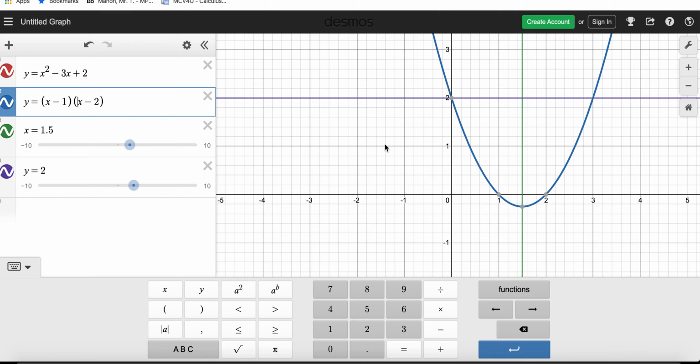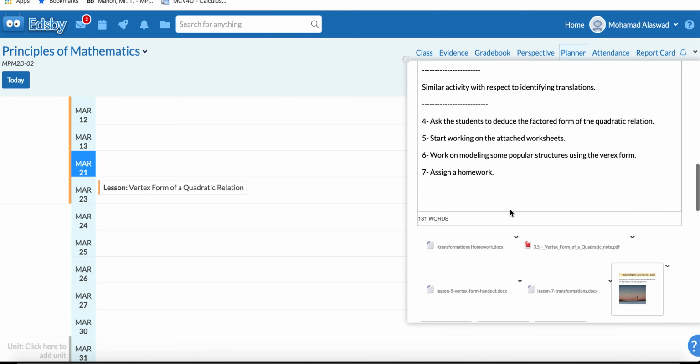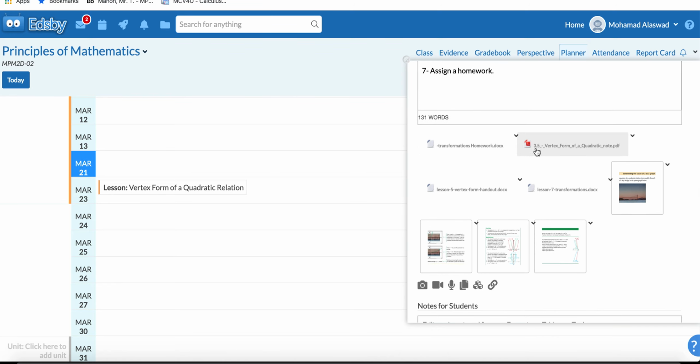Our lesson tomorrow would be about how to find a new form called the vertex form. Now, I had downloaded some documents here, if you see them on Etsy. We will work through them.